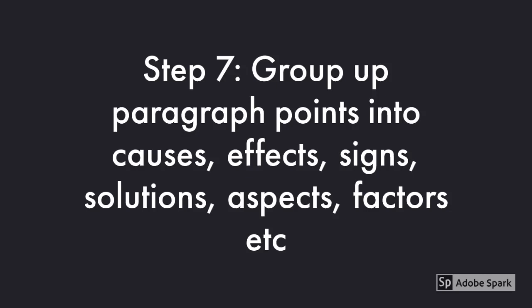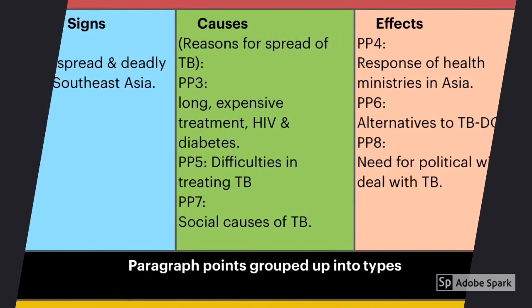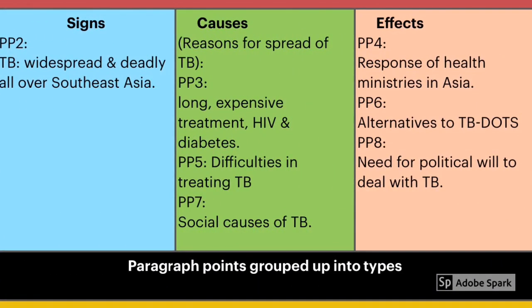Step number 7. This step will take some gray matter, meaning intelligence. You have to group up paragraph points into causes, effects, signs, solutions, aspects, factors, etc. In other words, you have to group them up according to categories. When we go back to the article, what do we see?